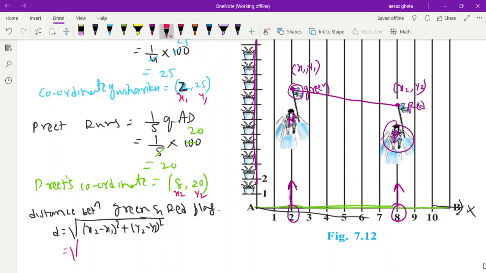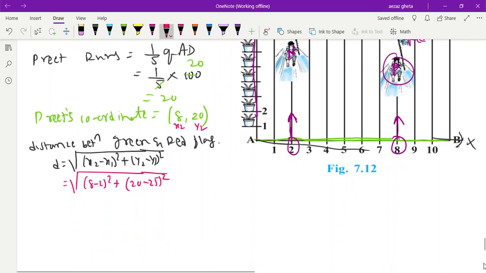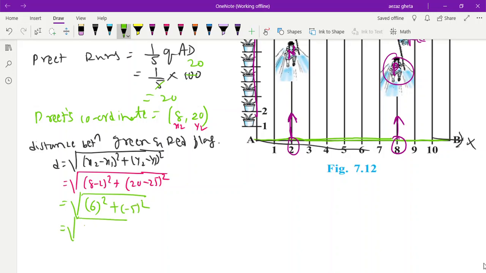So we get 8 minus 2 whole square plus 20 minus 25 whole square. Got it? Now 8 minus 2 is 6 and minus 5, so under root 6 square, 36, plus 25, which is 61. So the distance between the green and red flag is root 61 units.